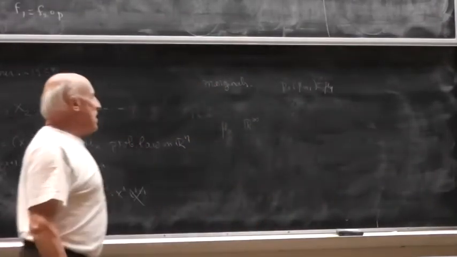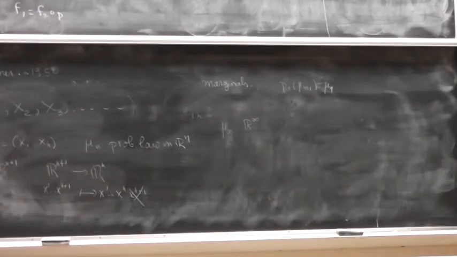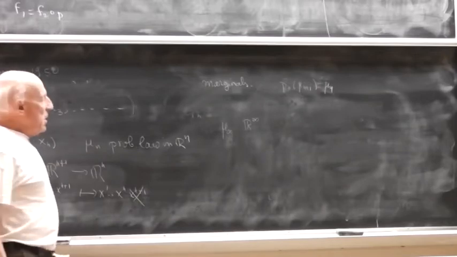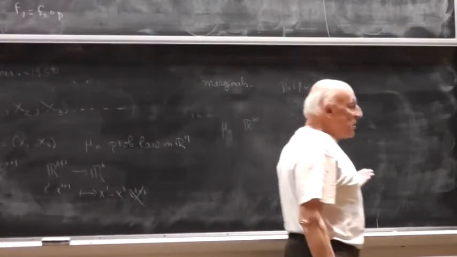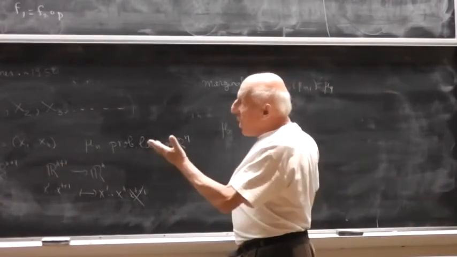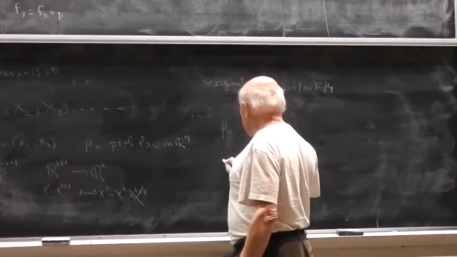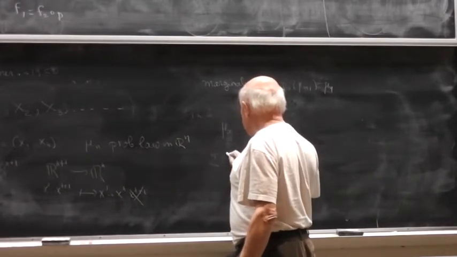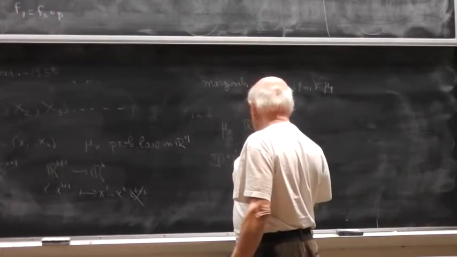What is the space R infinity? The set of all infinite sequences without any restriction. They can explode as you want. So in general, you are not interested in that. For instance, in the Gaussian system, you are interested in the sequences which satisfy that the sum of the xn squared is finite.